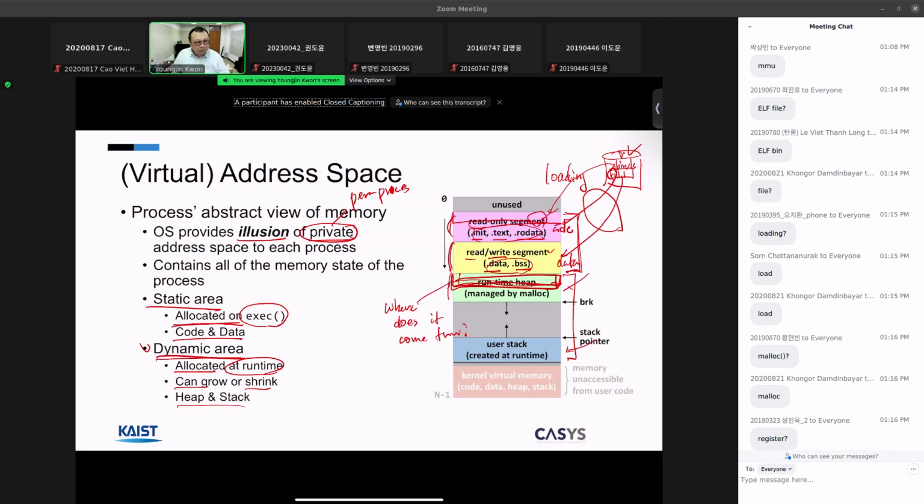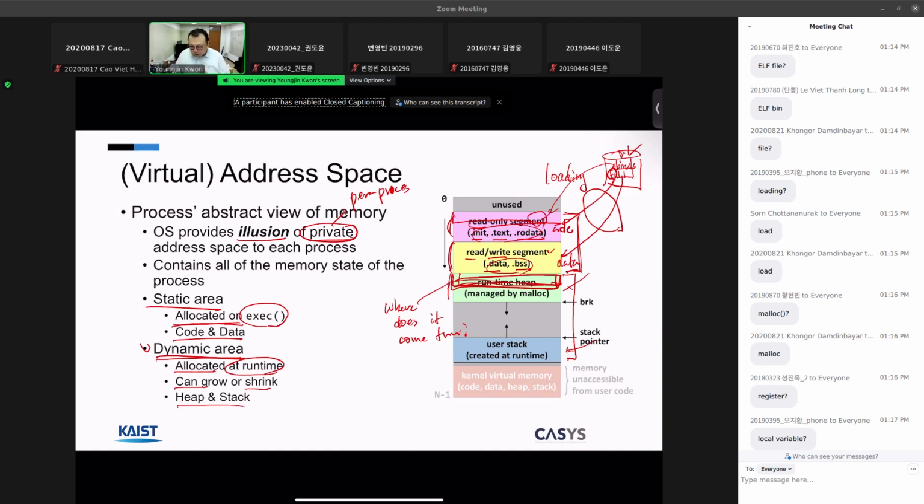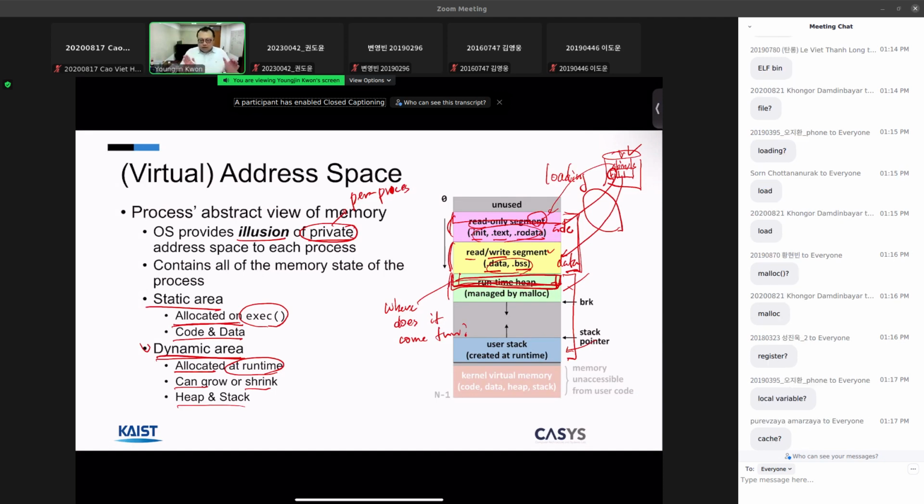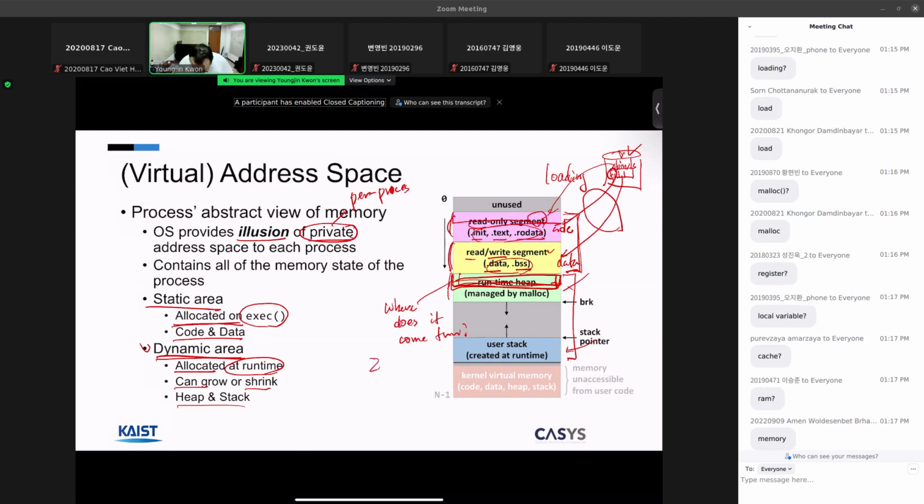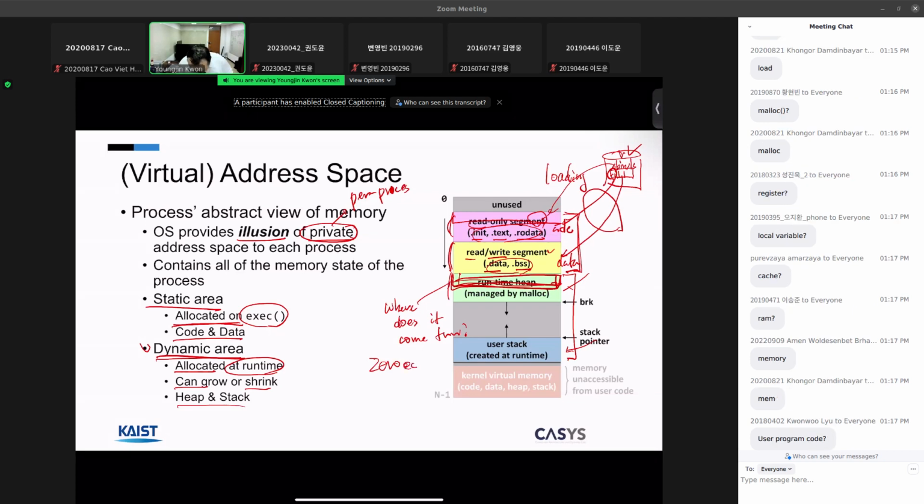Anyone can guess? Operating system? Local variable? A local variable is just a kind of variable. So when this section is allocated, the operating system makes a page, zeroes it, and gives it to the process.